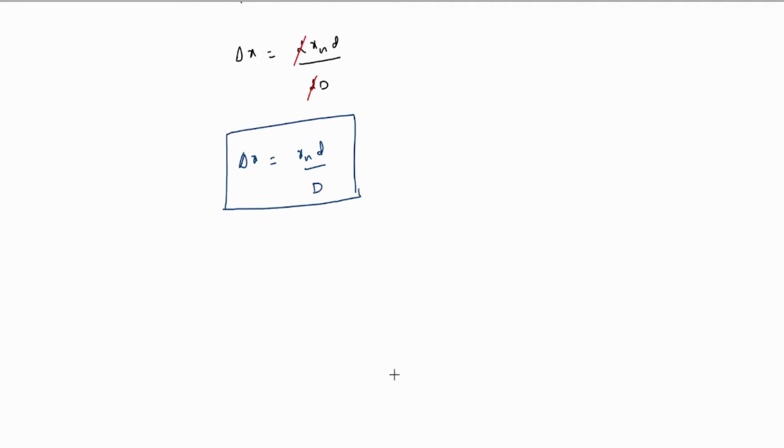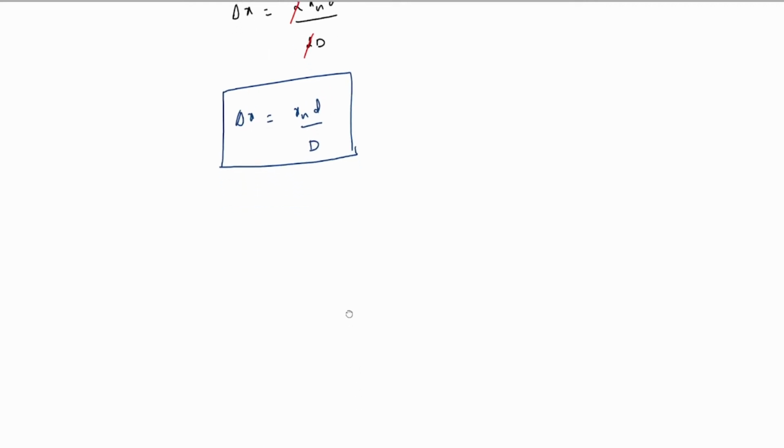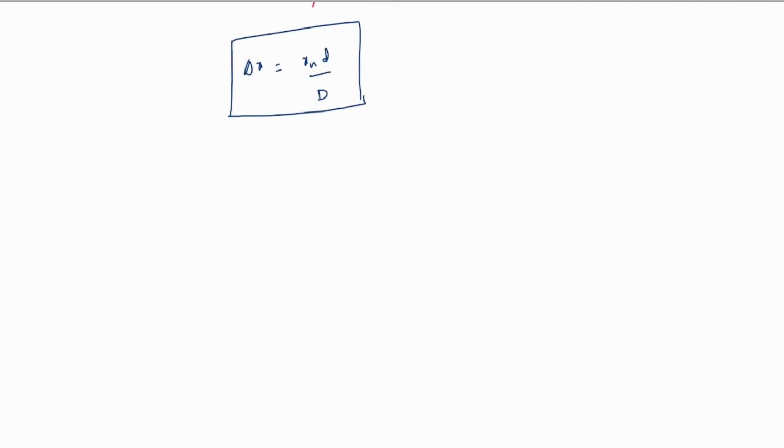Now, we need to find out whether the point P is a bright band or a dark band. We learned in theory class that for constructive interference, it means it's a bright band.